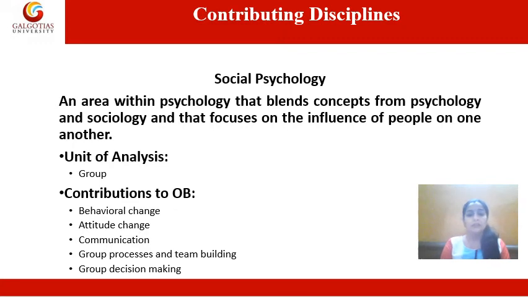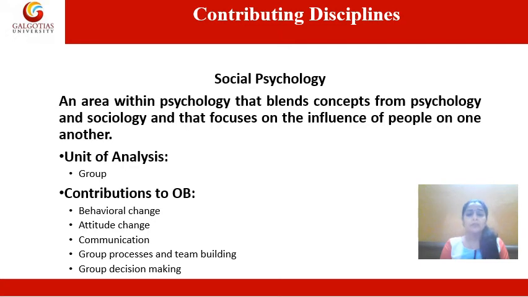The second behavioral science field is social psychology. It focuses more on the analysis and understanding of group behavior, and it also explains how an individual can have an influence on other people.